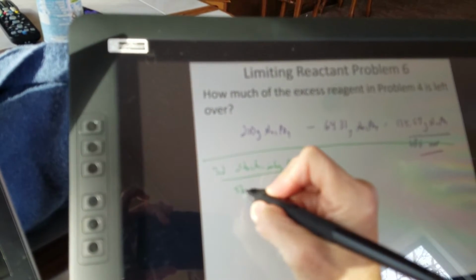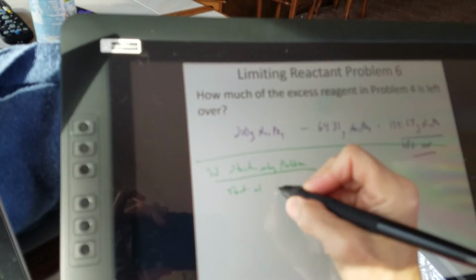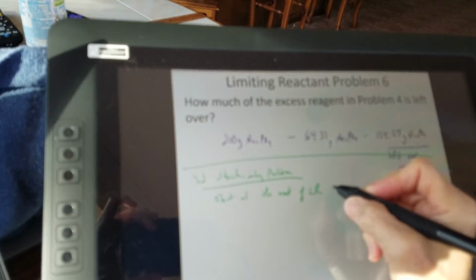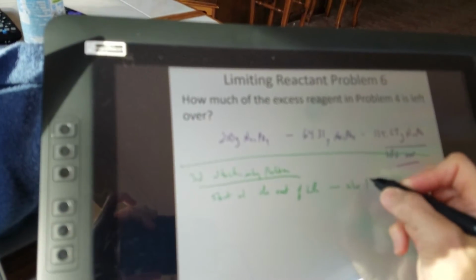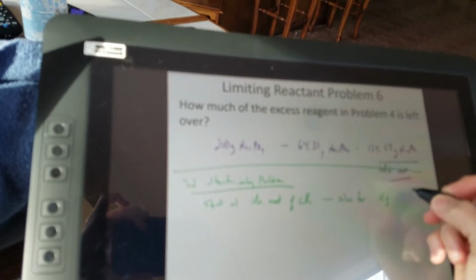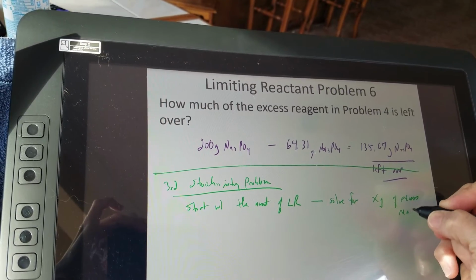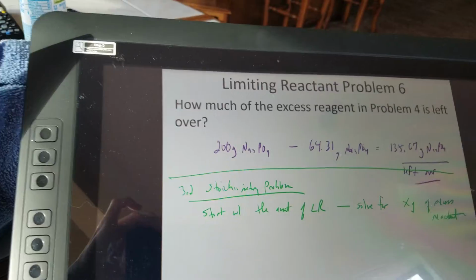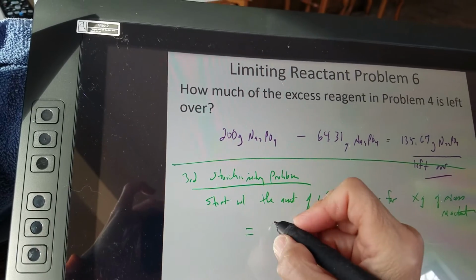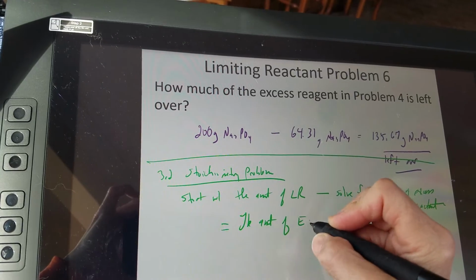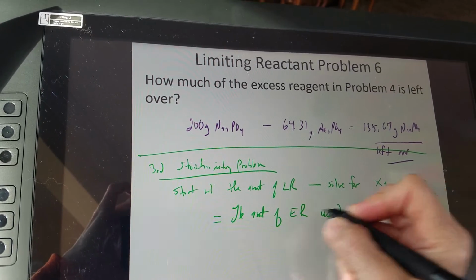You want to start with the amount of the limiting reactant, and you want to solve for X grams of the excess reactant. This is going to determine the amount of the excess reactant used.